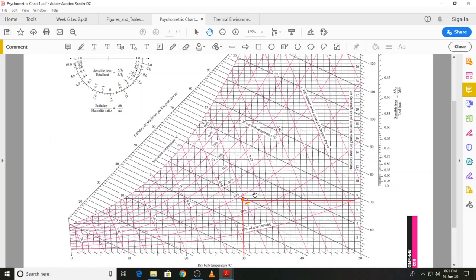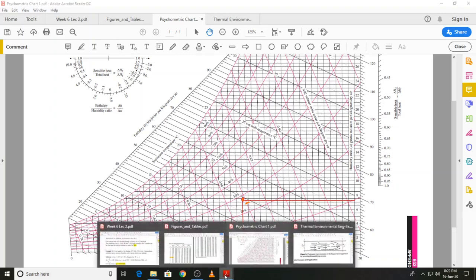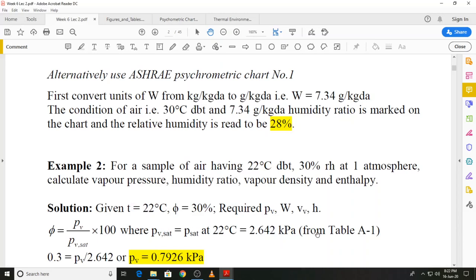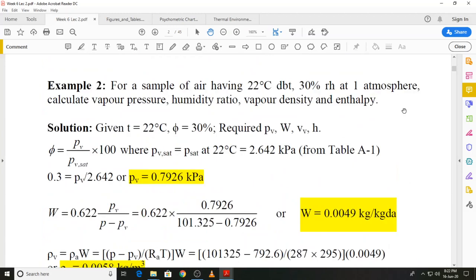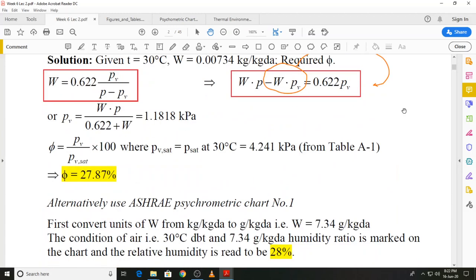I would of course suggest to you to print out the psychrometric chart and use proper instruments, scale and set squares to obtain values from the psychrometric chart, which will be more accurate. So the 28% value, we can now compare with the calculated value, and which is quite acceptable. The calculated value was 27.87%, so if I through observation found it to be 28%, that is acceptable.